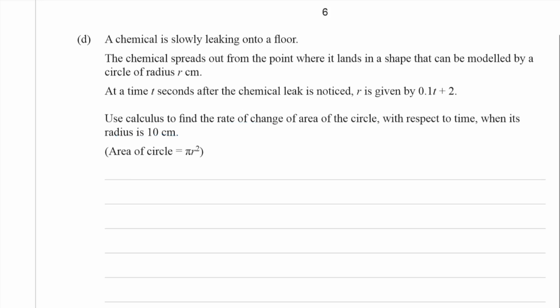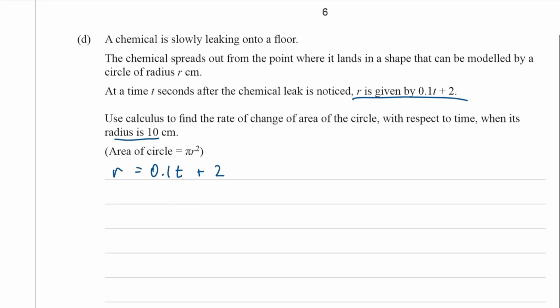Let's jot down what we know. We know radius is 0.1t + 2. So looking at the second part of the question, when the radius is 10 centimeters, we could substitute in 10 to work out the time.